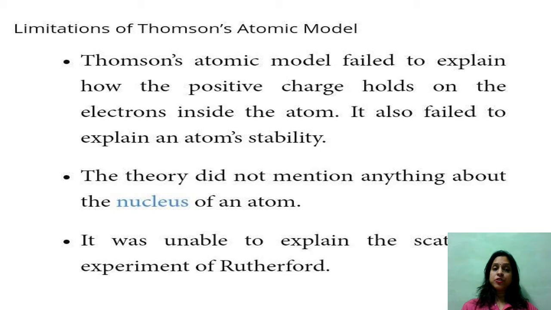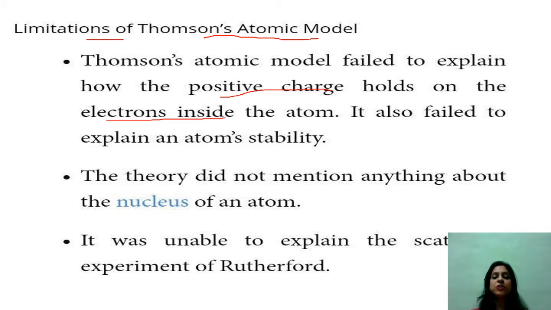So later on there were a few drawbacks of the Thomson atomic model, and the first one was that this model failed to explain how positive charge holds electrons inside the atom. मतलब कैसे उन्होंने उसको पकड़ा हुआ है, क्या है कि वो दोनों आपस में जुड़े हुए हैं.